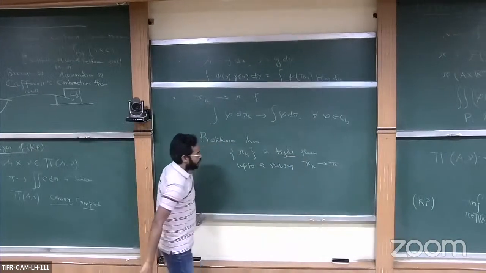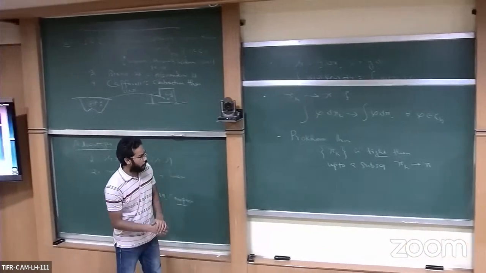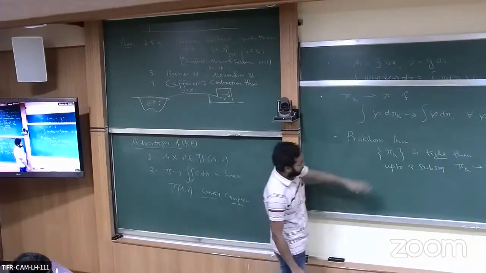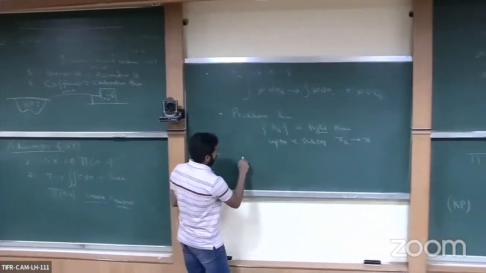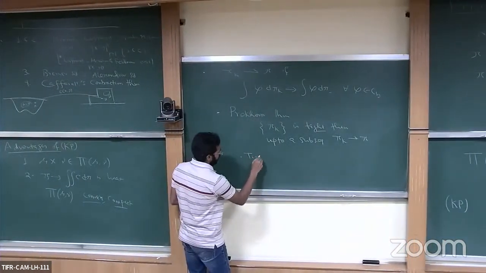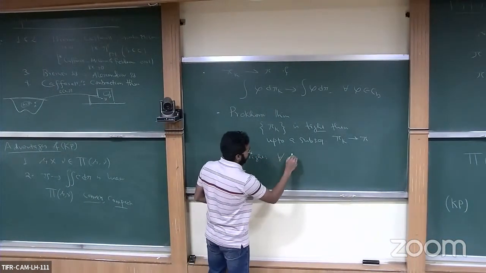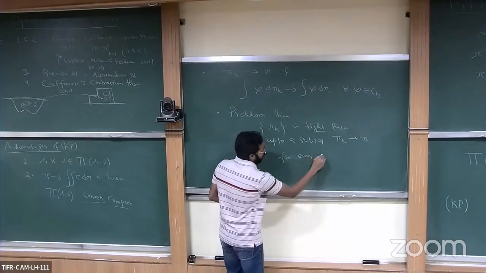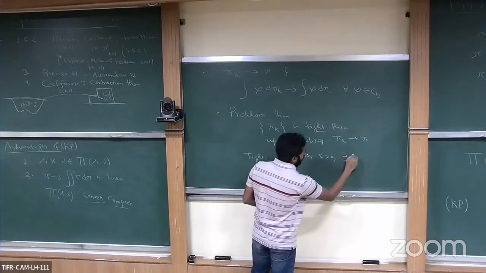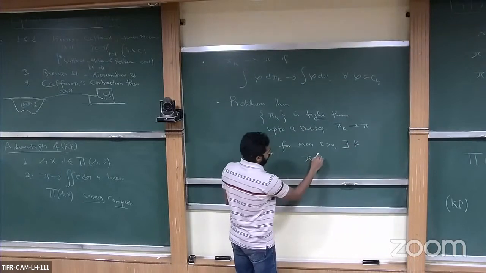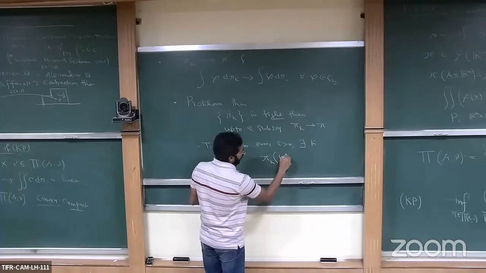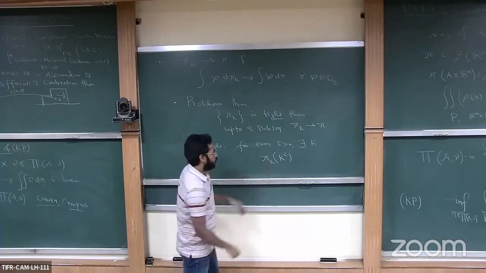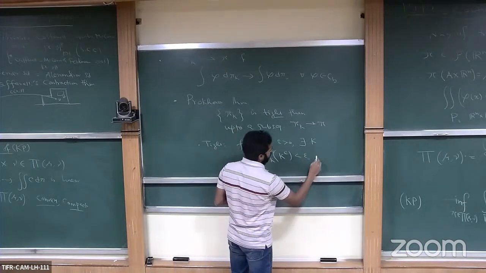By tight, I mean that you must have control at infinity. Tightness means that for every epsilon positive, there exists a compact set K such that outside this K, phi_k has only a small amount of mass.